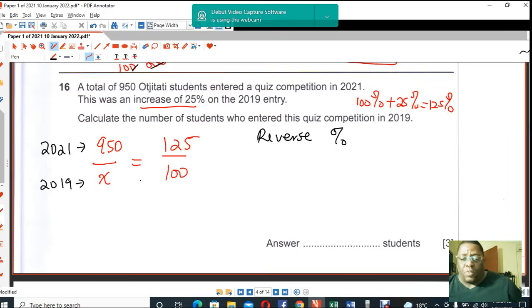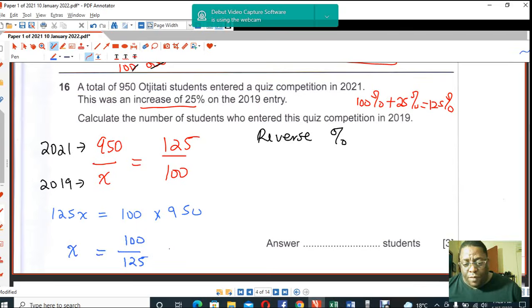Now in order for you to understand how that works, if I cross multiply here, I will have 125x equals 100 times 950. Are you with me? And then what I'm going to do, I'm going to divide that 100 by 125. Do you now see where the reverse percentage issue is coming from?